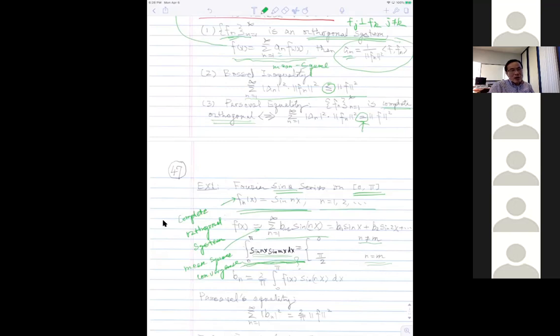Now, how would you evaluate this integral here? We did the integral of sin nx dx equals negative cosine nx over n. Yeah.